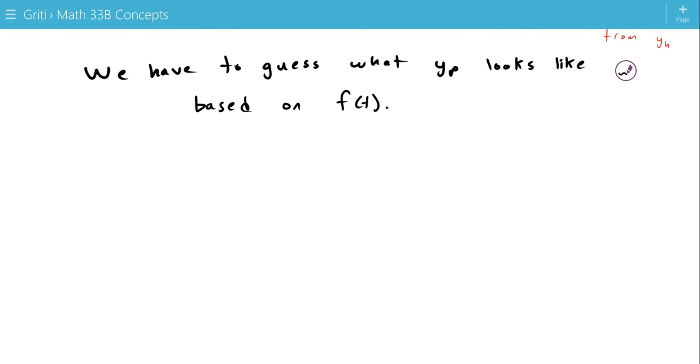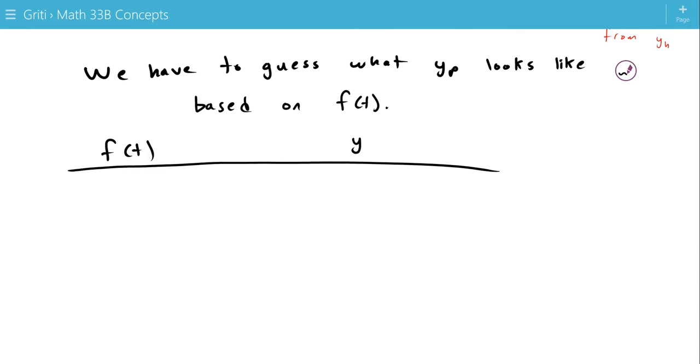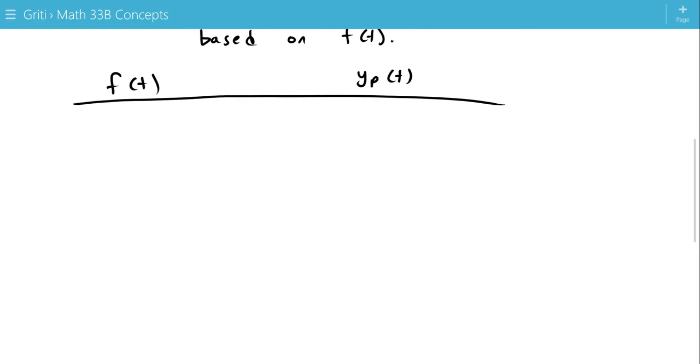So we'll list out possible choices for f of t, and we'll show you what the guess is for y particular, or yp. So if f of t is an exponential, so let's say e to the at, then our guess for yp is going to be some constant k times e to the same at. This also works if we're using a base other than e.